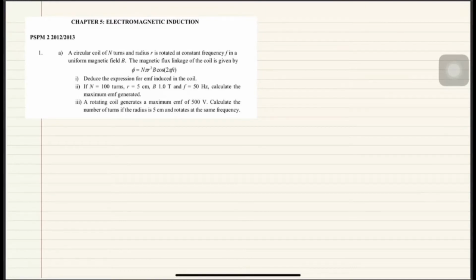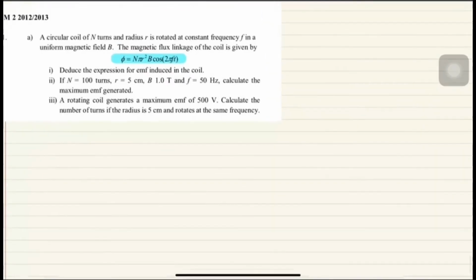We start with question number 1 first, and then after that we go to question number 2. Okay, question number 1, they give you an equation. So soalan ni macam lain sikit lah from others. Okay, so they give you equation for flux, and then they ask you to deduce the expression for EMF.